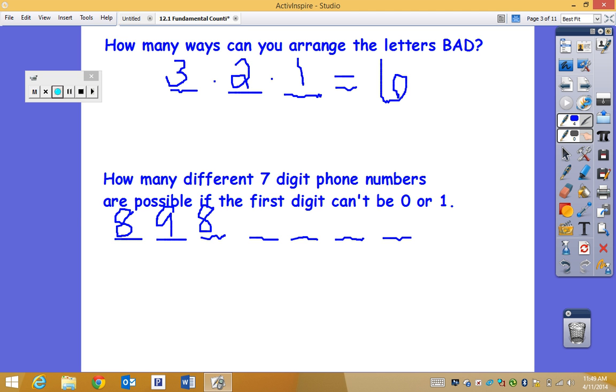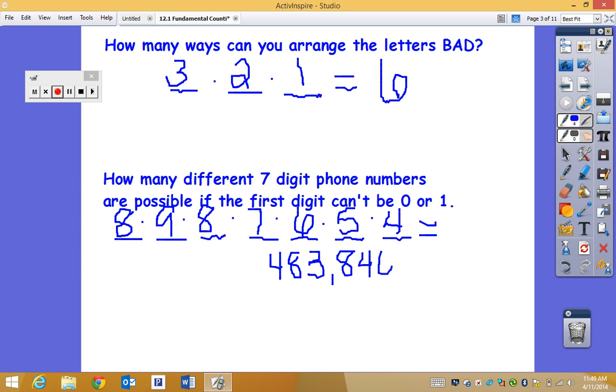Then I have 8 left, 7, 6, 5, and so on for 4. We're using our fundamental counting principle. We simply multiply all of those together, and that's going to be 483,840 different ways that I can make up those phone numbers.